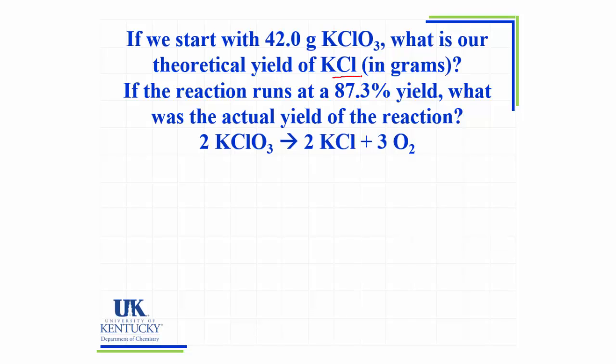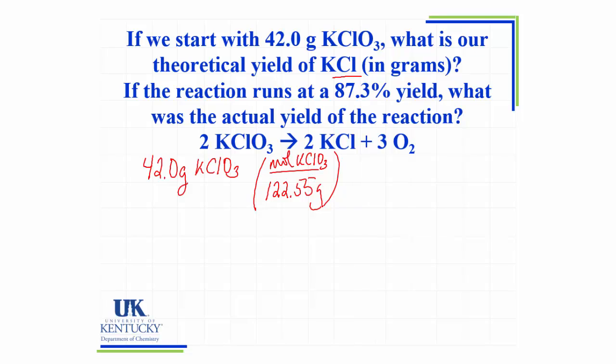So, just like any other stoichiometry problem, we start with our 42.0 grams of KClO3. Then we use our molar mass of KClO3, which is 122.55 grams per mole of KClO3, to get moles of our reactant. Then we use our mole to mole ratio, which is given in the balanced equation.